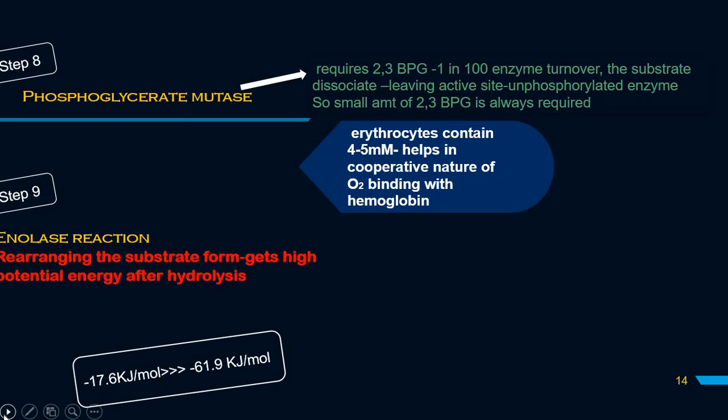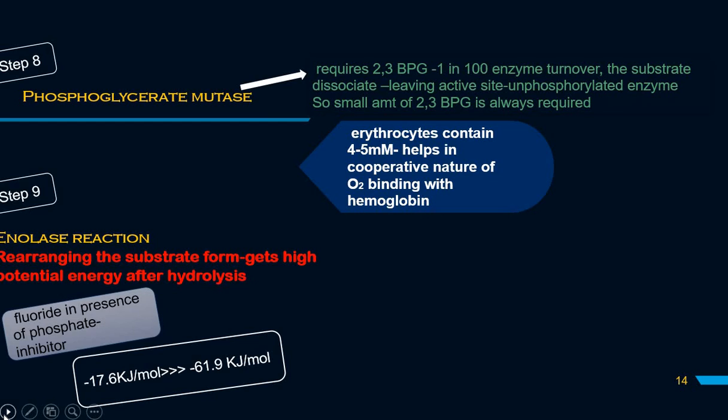After the enolase reaction, that is after rearranging the substrate, the free energy of the product formed is minus 61.9 kilojoule per mole. And the enzyme involved in this step can be inhibited by the presence of fluoride.